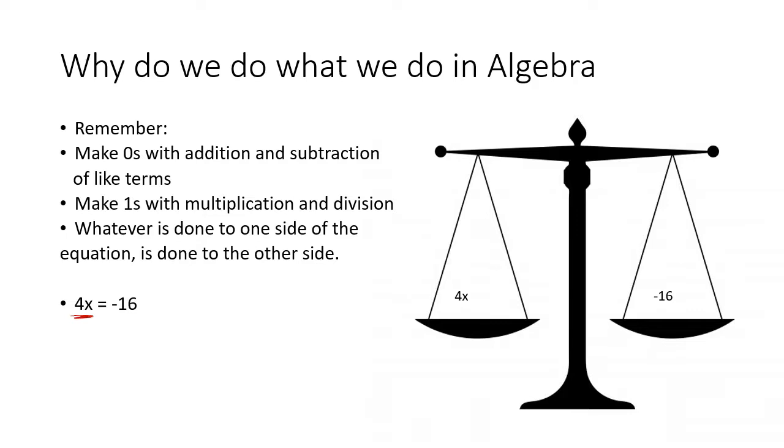So if I take 4 times x and divide it by 4, I'm going to create some 1s, because any number over itself is equal to 1, right? So, and remember, we don't write the 1 that's next to the x, but we understand that it's there. So I divide it by 4 by choice, but by force, I have to divide the negative 16 by 4, right?